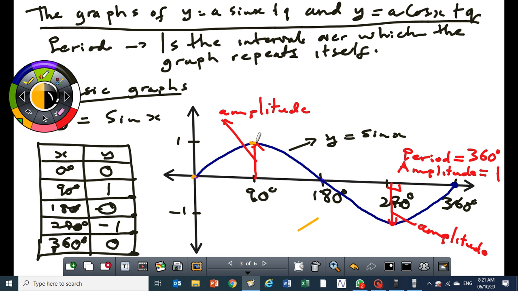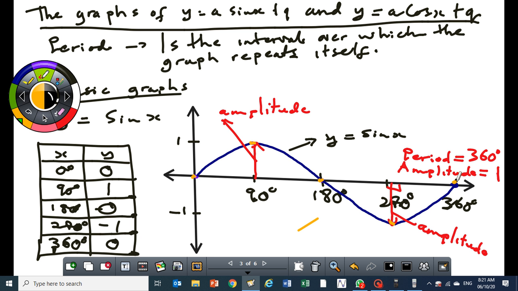That's the point there. Then when x is 180, it's this point. When x is 270, y is minus 1. And when x is 360, y is 0. So if you put these values where there is x in the equation, you get those y values.